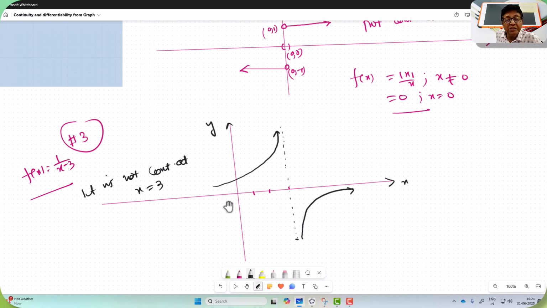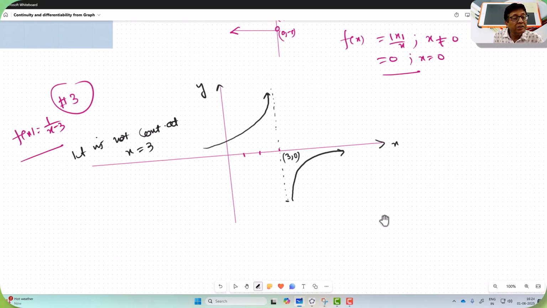How have we got this graph? You take the graph of f(x) equal to 1 by x and shift it towards the right by 3 units. All these things you have done in class 11 mathematics. You can go through my videos, or the way you have learned, it's fine.